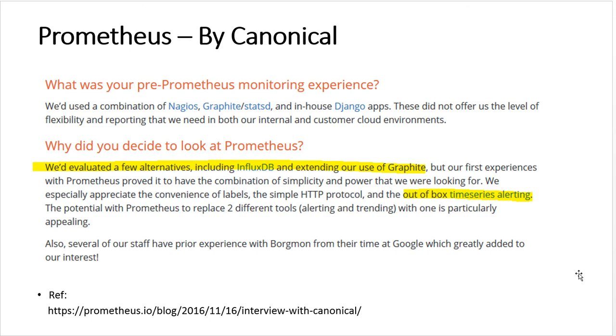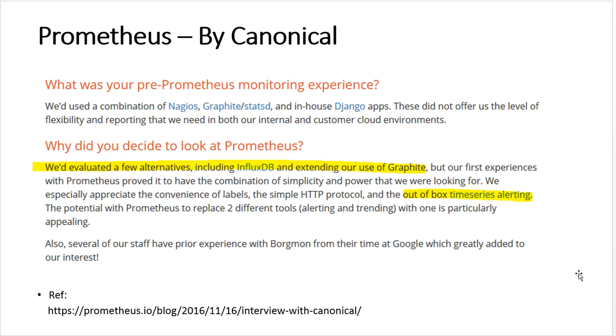There are market leaders available, but still, when we say Linux, we know Red Hat. We will pronounce it like that. Canonical is the top OpenStack commercial support. What they were saying is that they were using Nagios, Graphite, StatsD, and in-house applications as well.